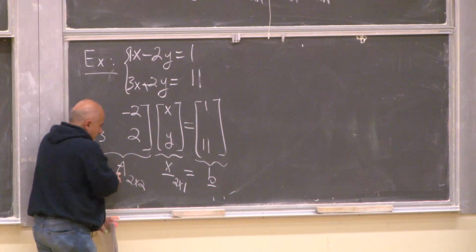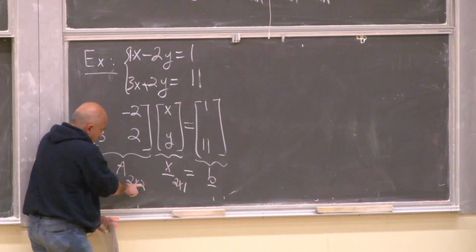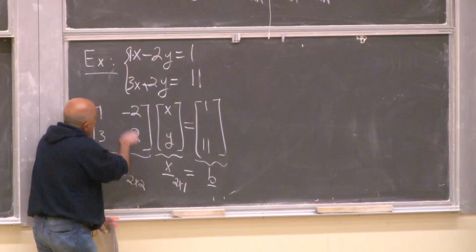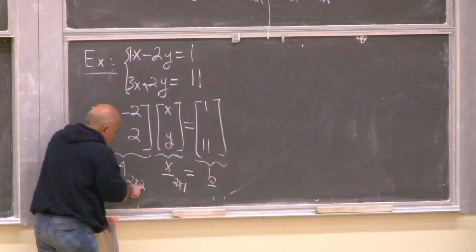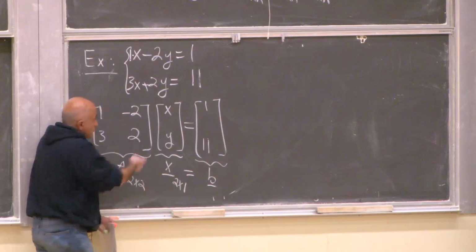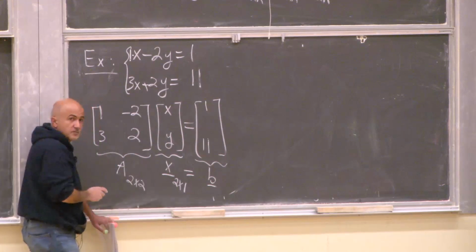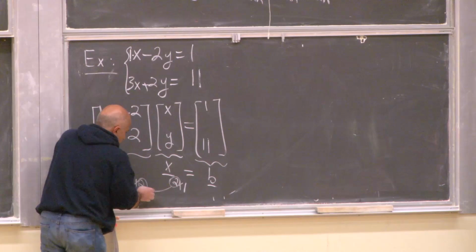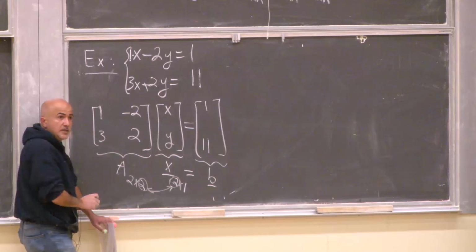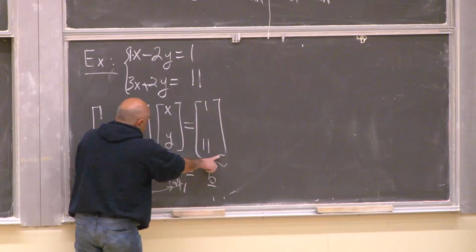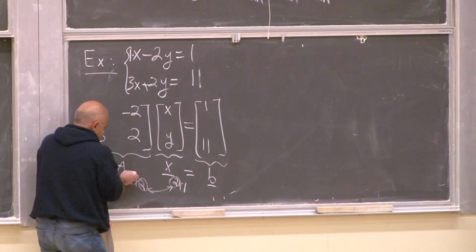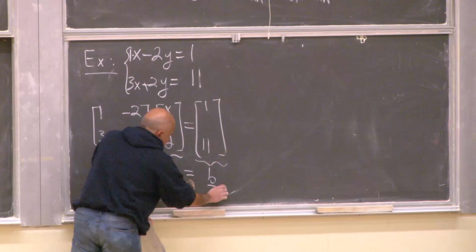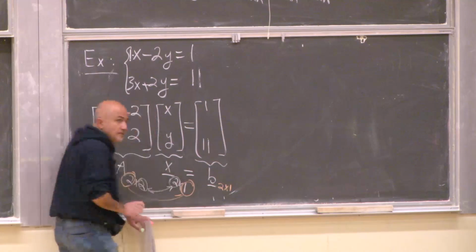When you multiply a matrix by a vector, the right dimension here, the number of columns, must match the number of rows in the vector, or the number of entries in the vector. So these two numbers have to match. If they match, you're golden. And what is produced is of dimension 2 by 1. And that's exactly what this is, 2 by 1.